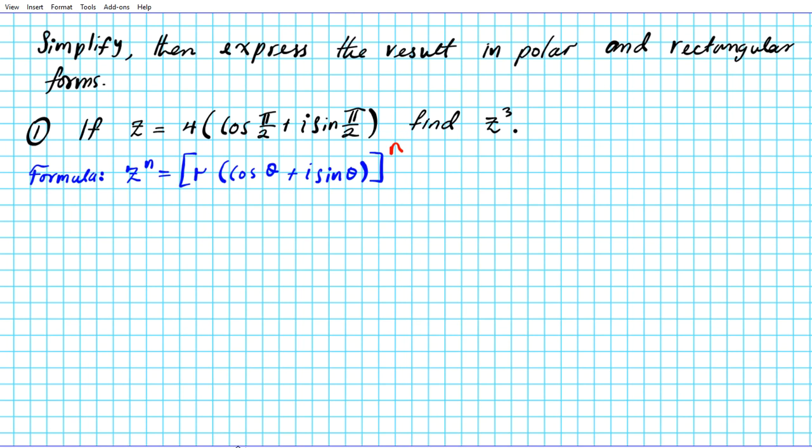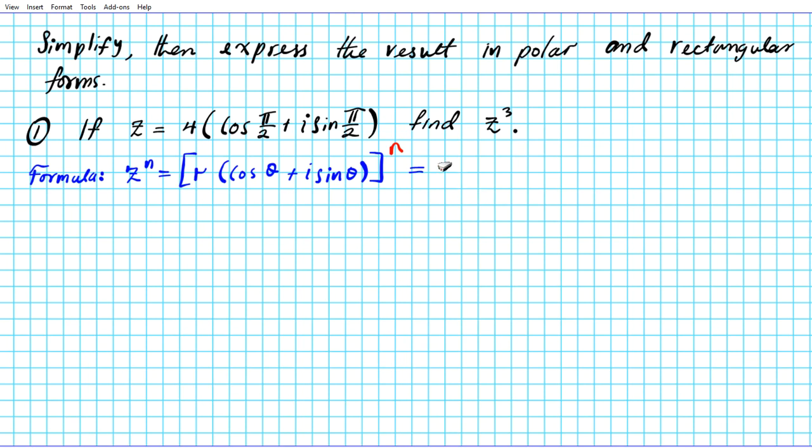So, what does the formula tell us to do? If you have a scenario like this, all you do is you raise the radius to the nth power and multiply the angle theta by n.